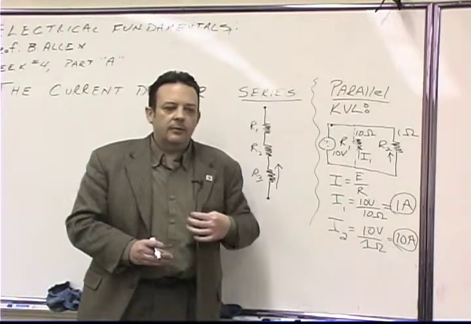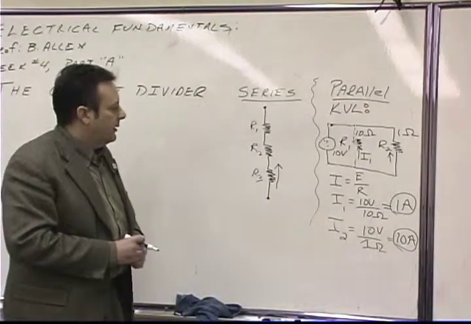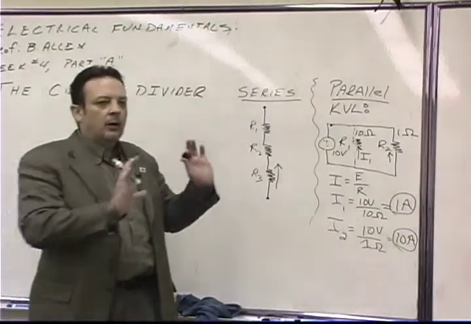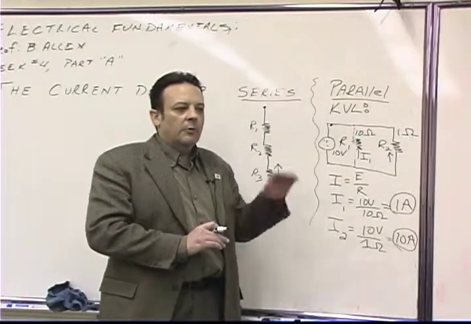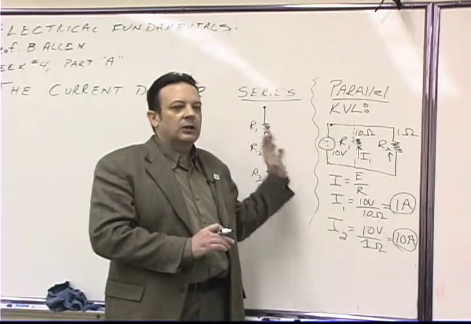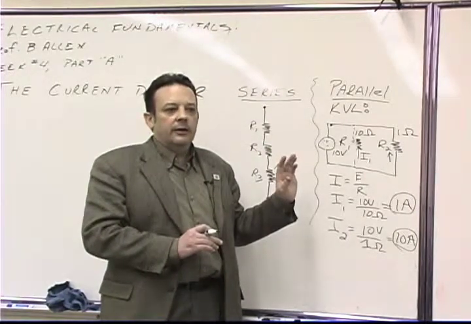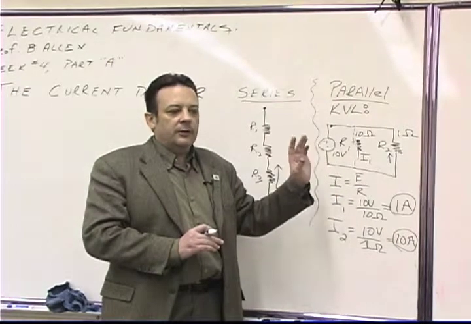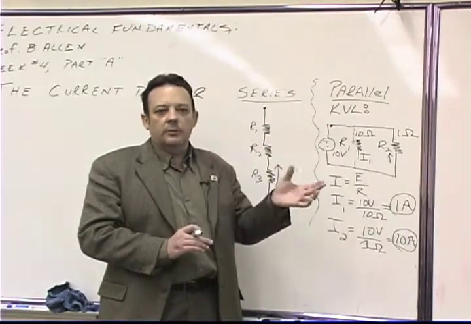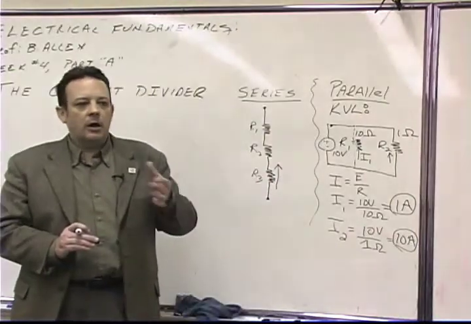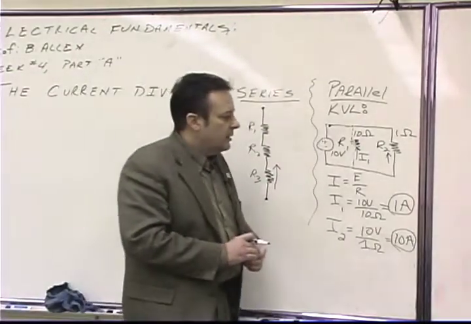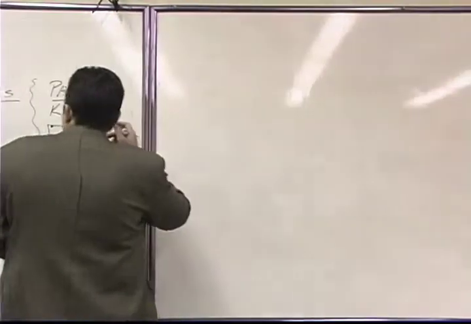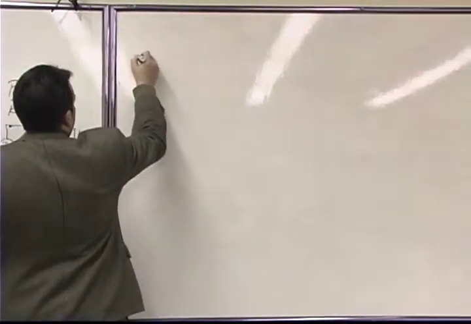We've had a lot of review and study on the series circuit, and so we're going to be moving away from it. But we're not going to leave it entirely, because when we get to the more complicated circuits, there are going to be portions of the circuit that are series connected. They're not going to be all parallel connected. So let's move over here to this section of the board, and let's talk about the current divider.